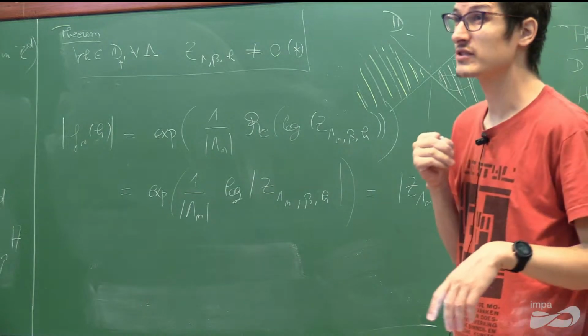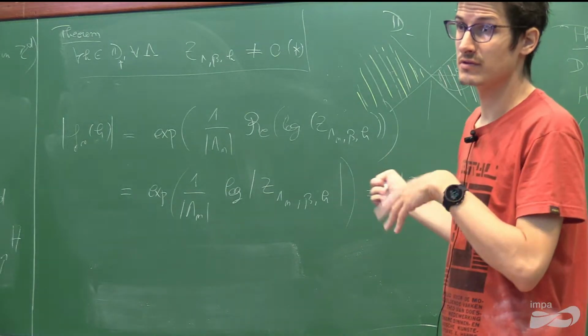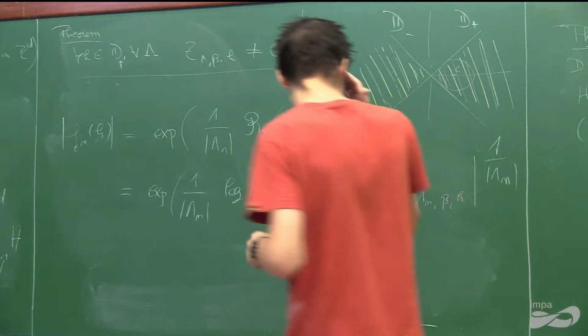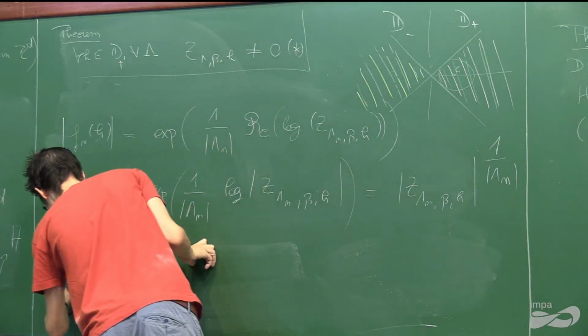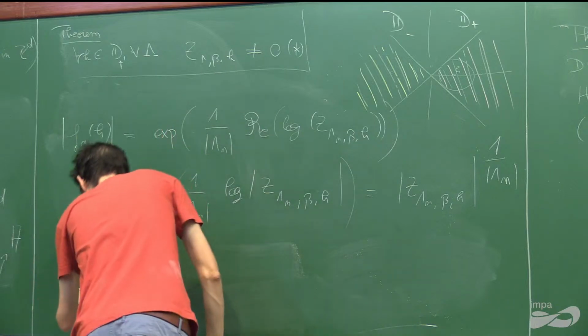This is a sum of complex numbers. We can bound the sum of the moduli, and this should be fine. So what can we say about this?